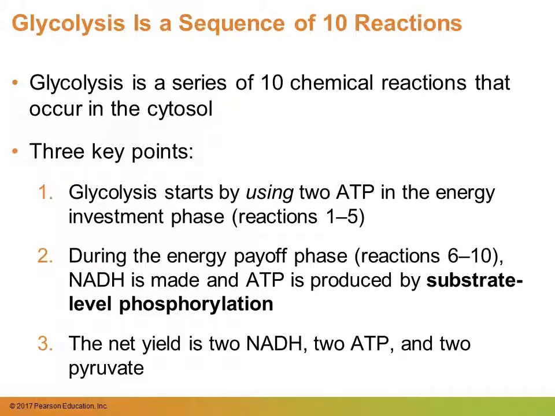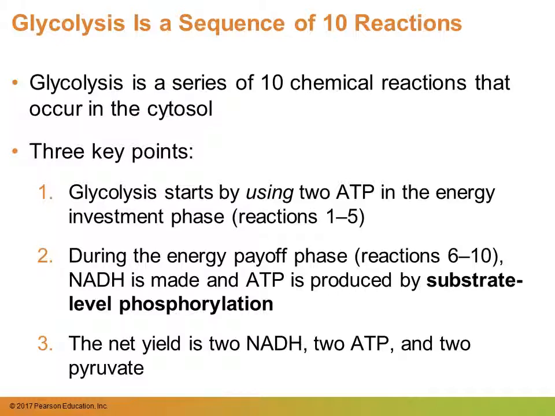The important thing to note is that glycolysis, to get it started, needs 2 ATPs. And at the end, it's going to make a total of 4 ATPs. But the net gain is 2. So you make 4, but it took 2 to get this first step started. So your net gain is 2. 4 minus 2 is 2.